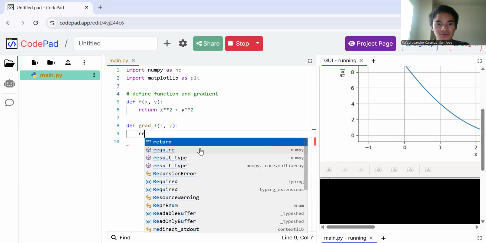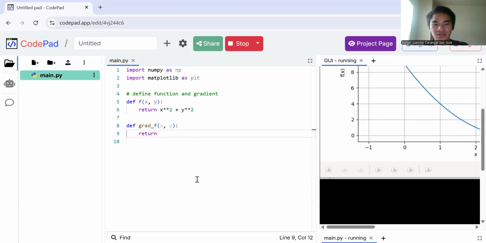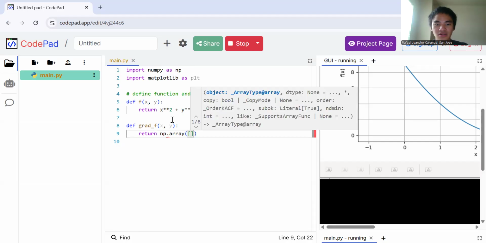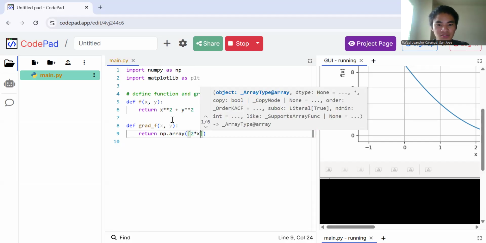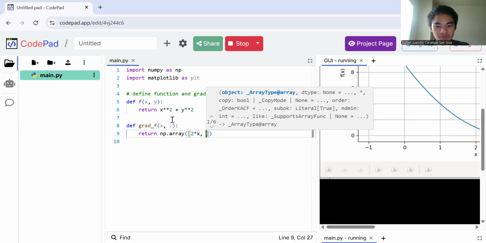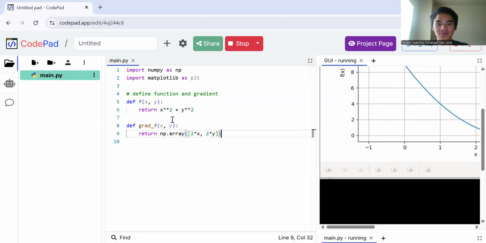I'm supposed to return it as an array, so I'm going to use my numpy array. And here I return both of them: 2 times x, 2 times y. Right? Those are the things that we got from taking partial derivatives.